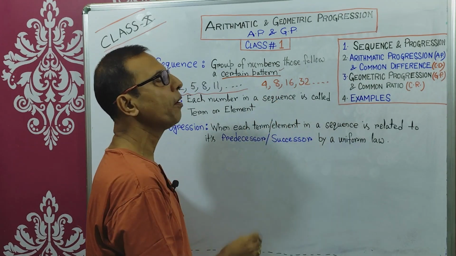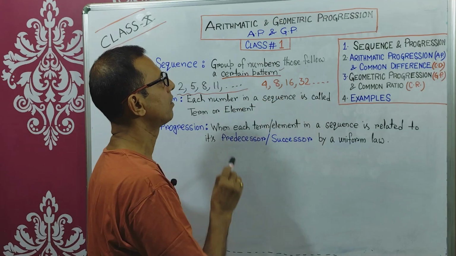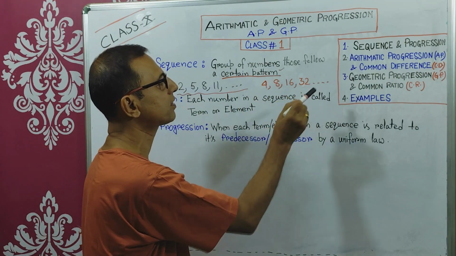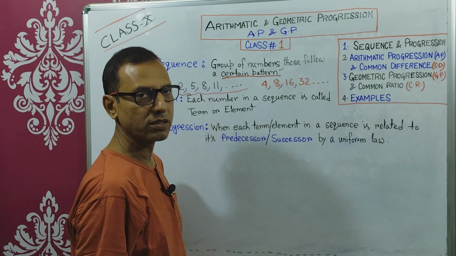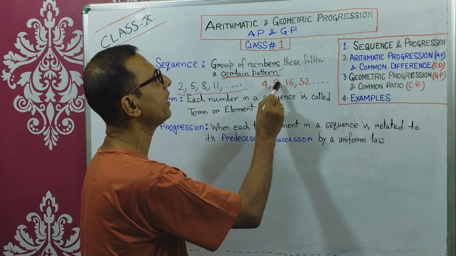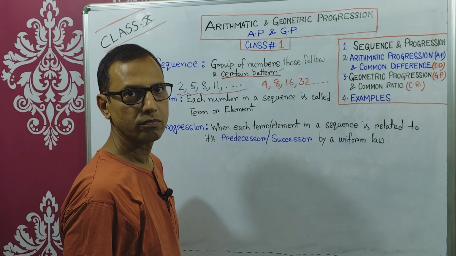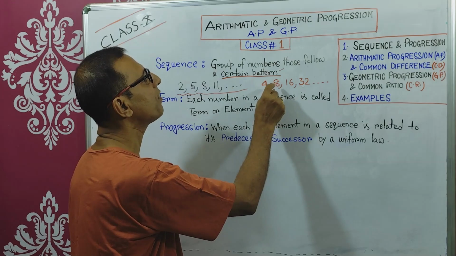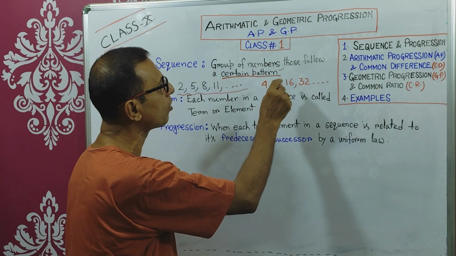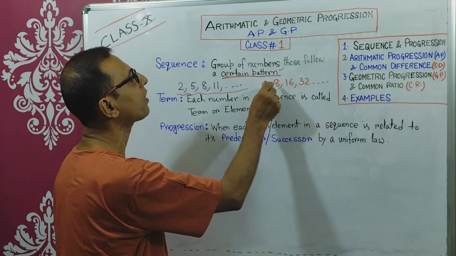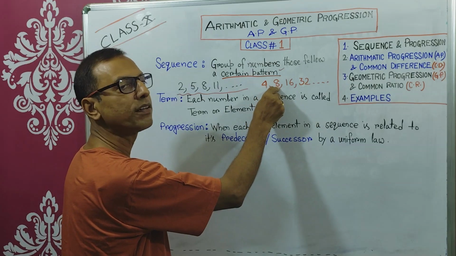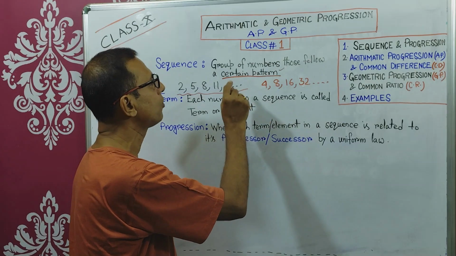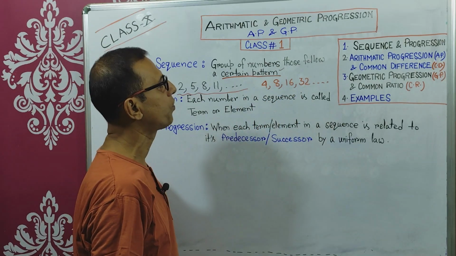So this is also maintaining a uniform pattern. It is actually maintaining a certain pattern, not necessarily uniform, whatever it is. So then it is a sequence, right? This is also a sequence where every consecutive term maintains a relationship with its predecessor. But this is not necessarily always true for a sequence.